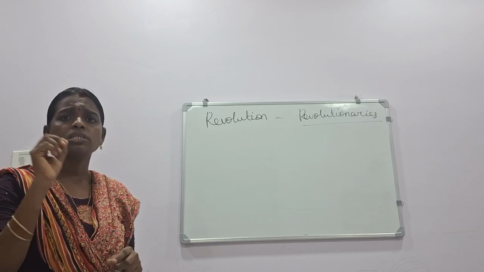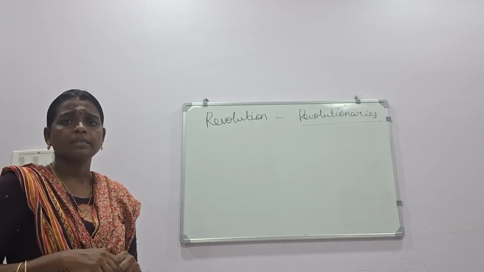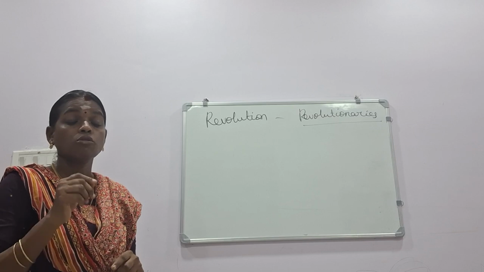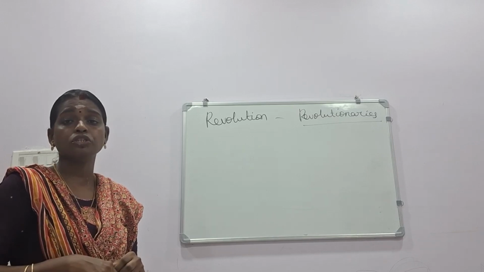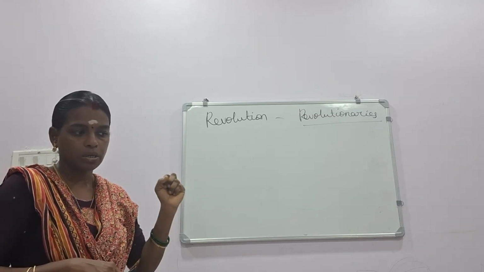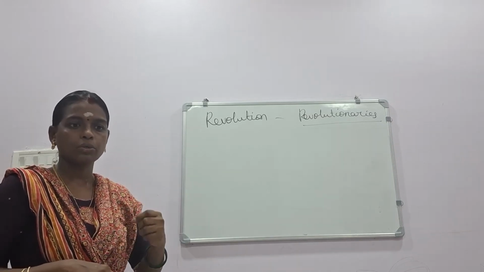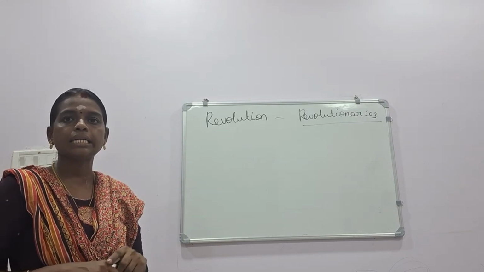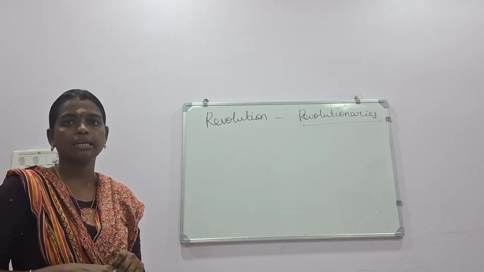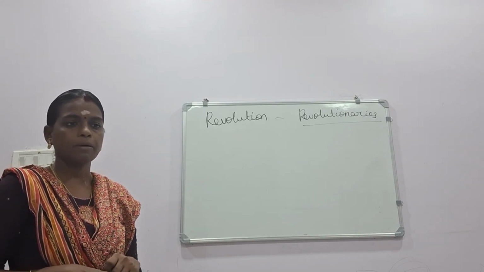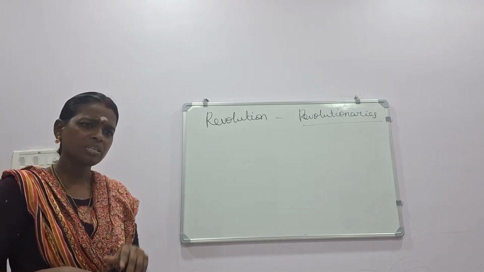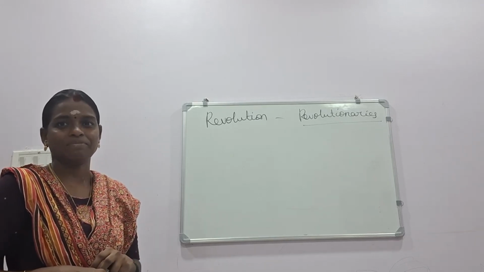And the most important individual revolutionary, we are not going to study all the revolutionary people. Now we are going to study one Italian revolutionary. That person's name was Giuseppe Mazzini.